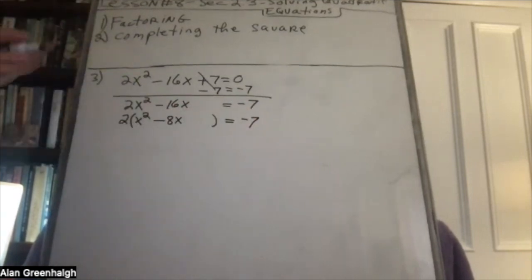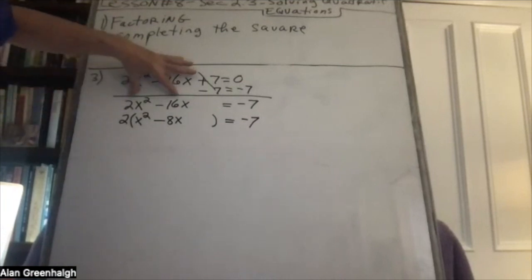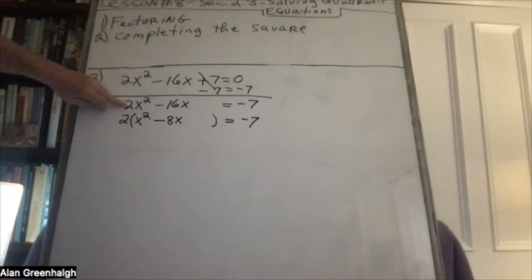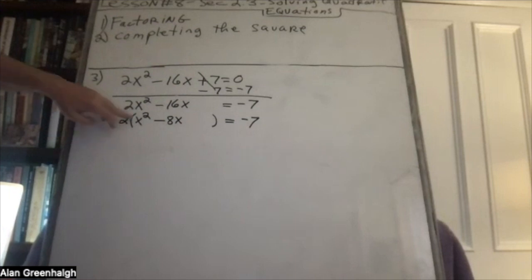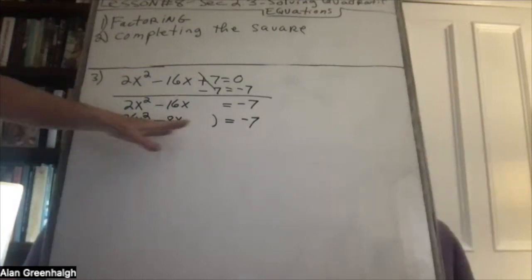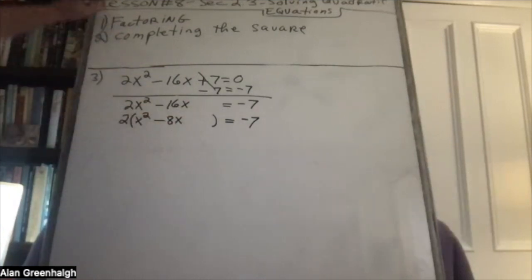Okay, so I did nothing more at this point than factor out from these 2 terms, the 2. That comes out, there it is. We've gotten now a 1 as the lead coefficient, and we are now able to continue completing the square.